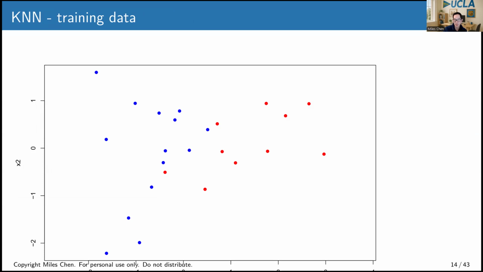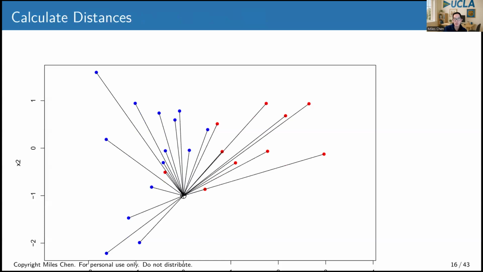And then I'm going to pretend that we put in a test case right here at this location, 0, -1. And so the very first thing we are going to do is measure the distance from that point to every single other point in the data set. And so that's represented by these lines from the test case to all of our training data. And then we will pick the nearest neighbors.